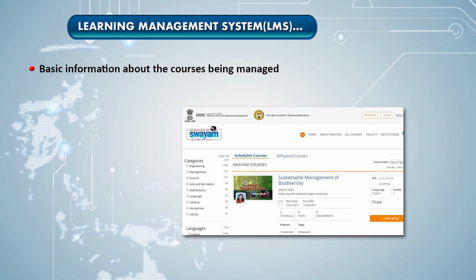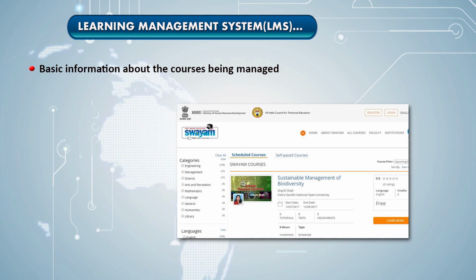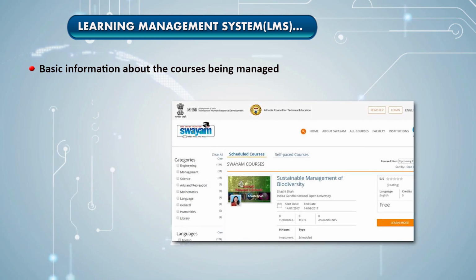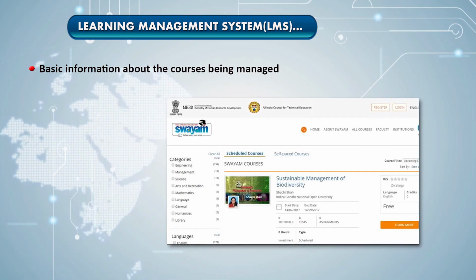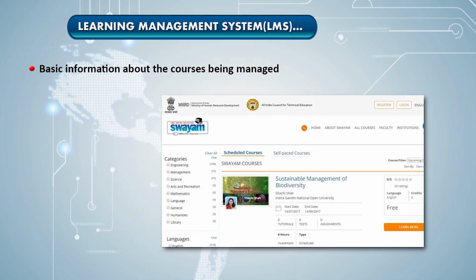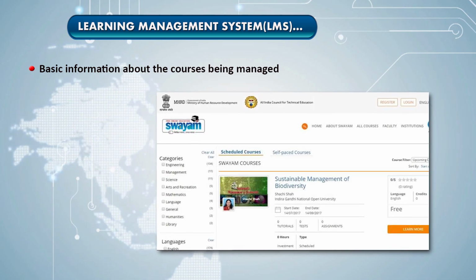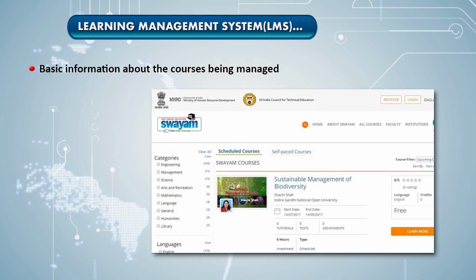If I am talking about a learning management system like Swayam, the basic information about the courses has already been uploaded, like what this particular course covers, what are the key issues which will be discussed, what are the different units and blocks of this course, right. So, all that information is provided to a student or a learner who wants to enroll for a particular program.